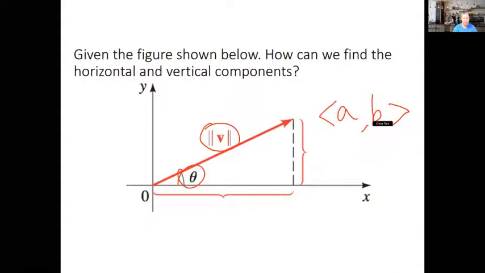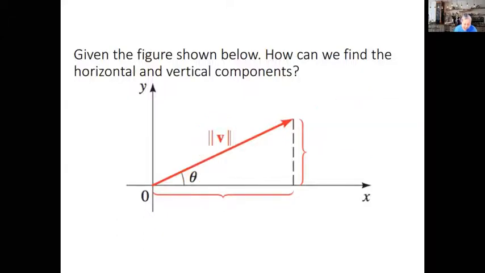So it's backwards. Earlier, you were given the component form of the vector and you were supposed to find the angle measure. But in this case, you're given the magnitude and the angle measure, and you're supposed to find the components, backwards, right?